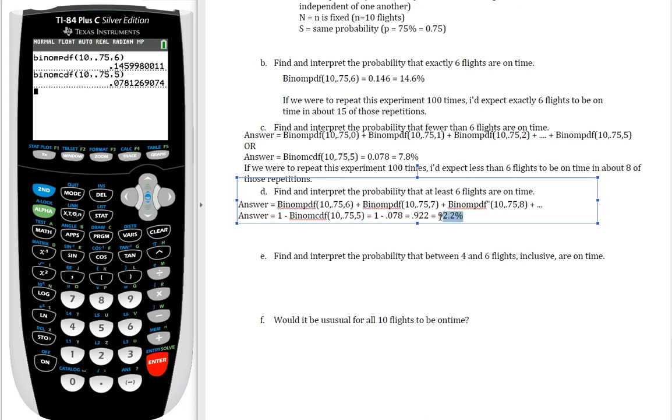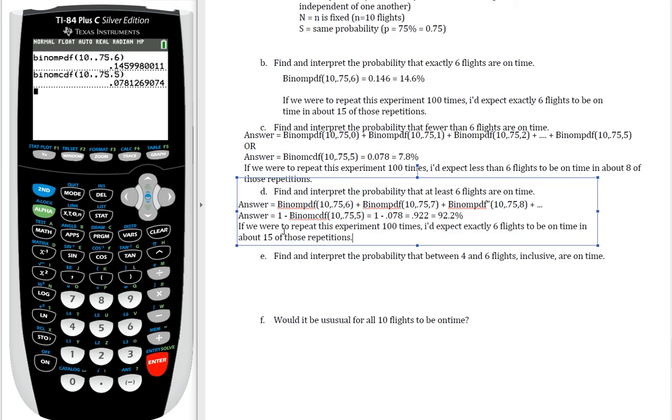So that would be my answer there. I could then interpret it yet again by doing the same exact sentence, saying, if I did that experiment 100 times, I'd expect, in this case, at least 6 flights to be on time, and we have 92%, so I'll say 92 of those repetitions.